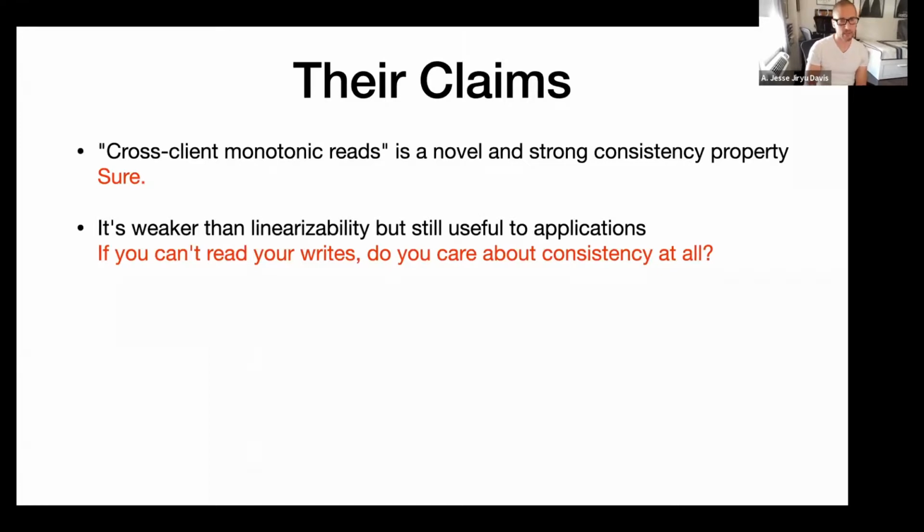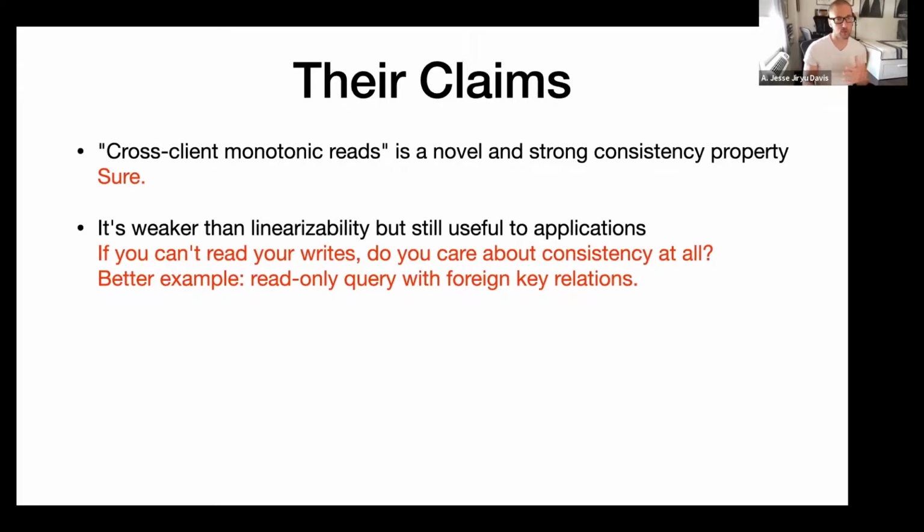I think of a better example, which would be if you had read-only queries with foreign key relations. So imagine that you've got two applications and one of them is only writing. And as it's writing, it maintains foreign key relations. So first it inserts a record and then it inserts another record that refers to it in that order.